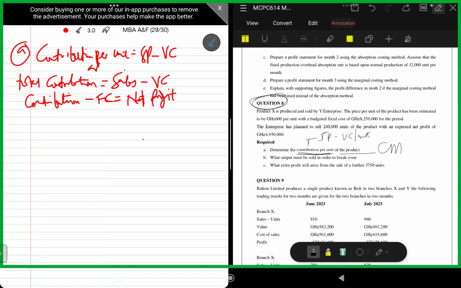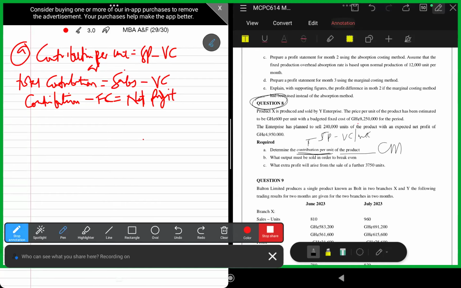The enterprise has planned to sell 240 units of the product with an expected net profit of 4,950 Ghana cedis. Determine the contribution per unit of the product. Okay, so here it is 8,250,000. Here is 4,950,000.